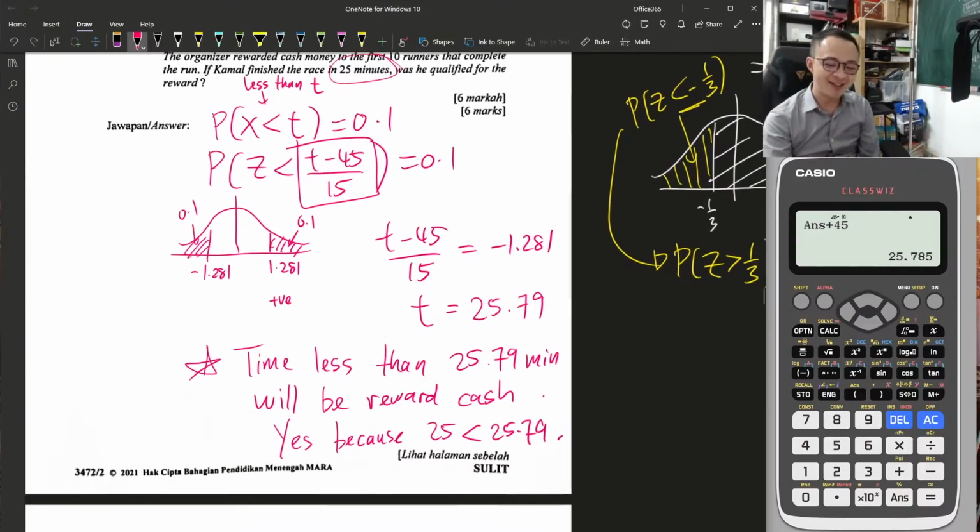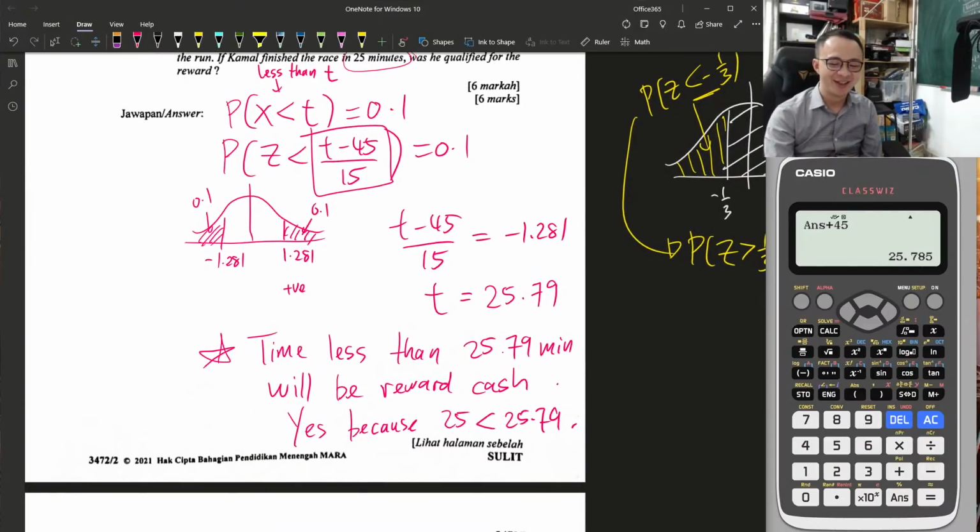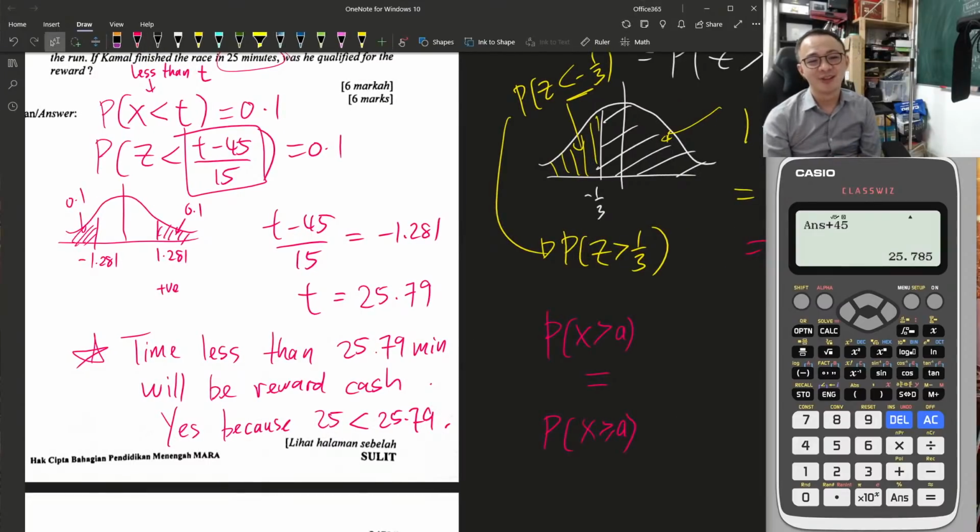In this topic, x is bigger than a, or x is bigger than or equal to a. In the normal distribution, they are equal. There's no difference. But they make a very big difference in the binomial distribution. But in normal distribution, they are actually equal. So have the equal sign or have no equal sign, both values will be the same.